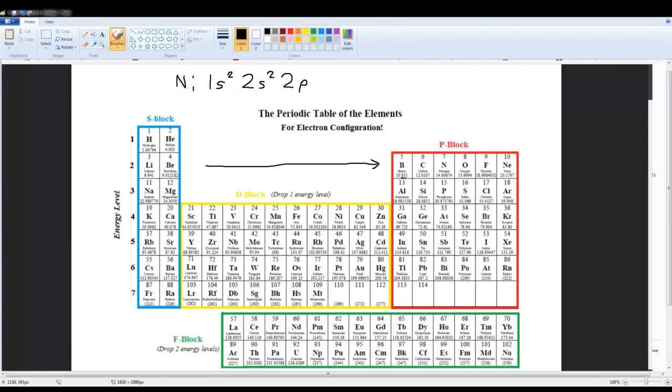Now at 2p, I have to fill up 3 more boxes, so this is 2p3. Therefore the electron configuration for nitrogen is 1s2, 2s2, 2p3. Does that make sense?